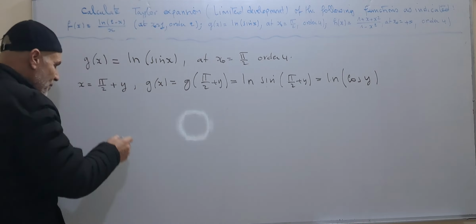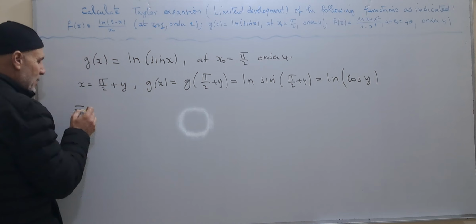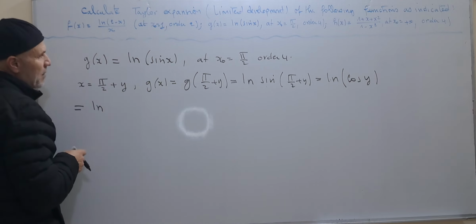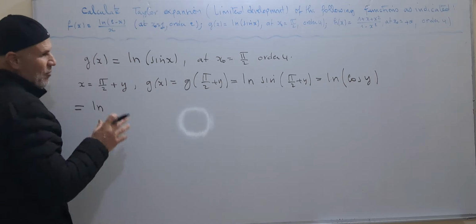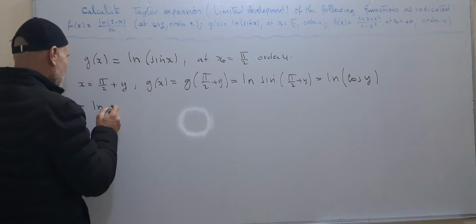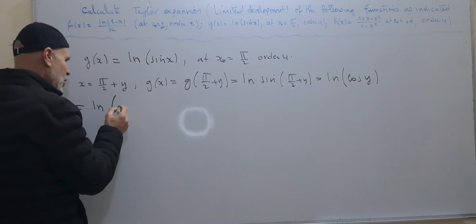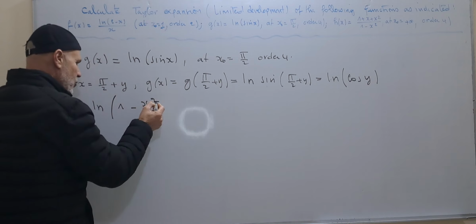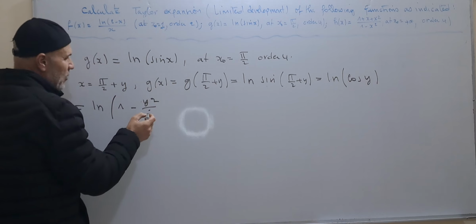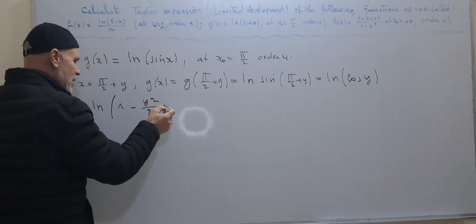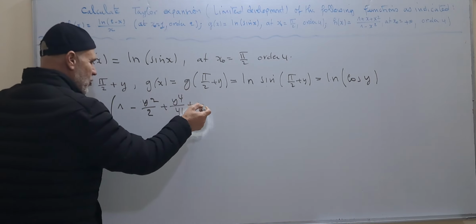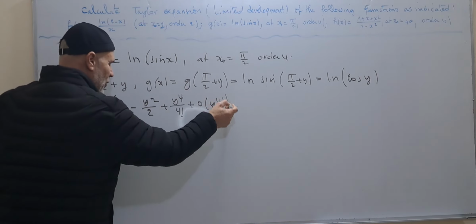To order 4, let us write this as the composition of the Taylor expansions of two functions, which are cosine y near 0 and ln near 1. For cosine y, we have 1 minus y squared over 2, plus y power 4 over 4 factorial plus o of y power 4.